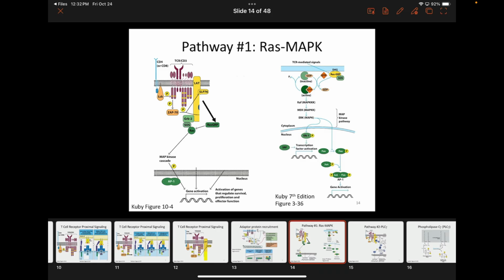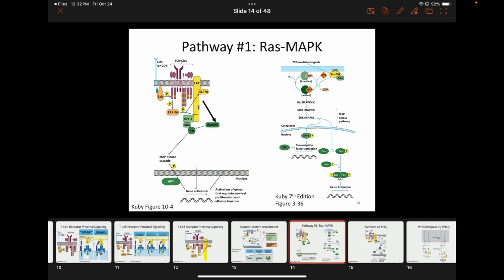They each, as you can see over here, can phosphorylate a transcription factor and turn on a transcription factor. ERK turns on a transcription factor called FOS. Junk turns on a transcription factor called Jun.